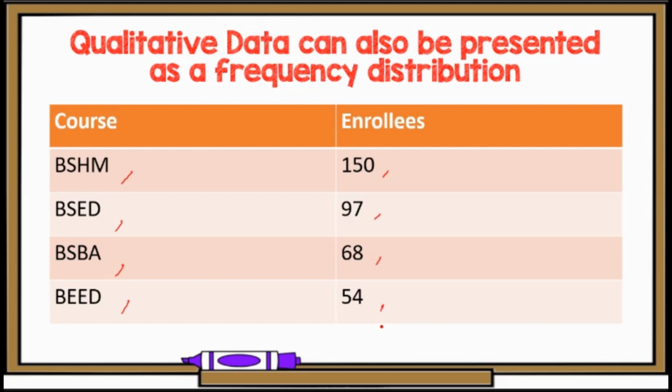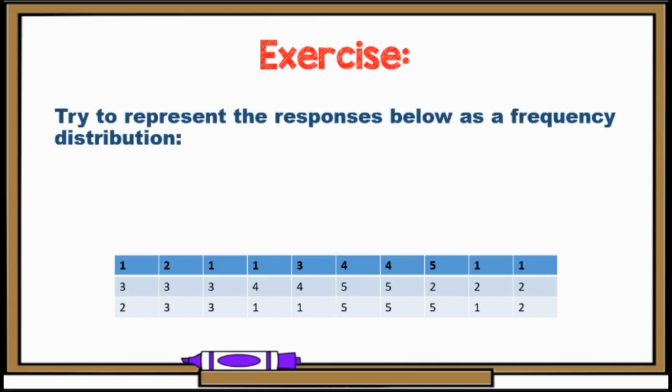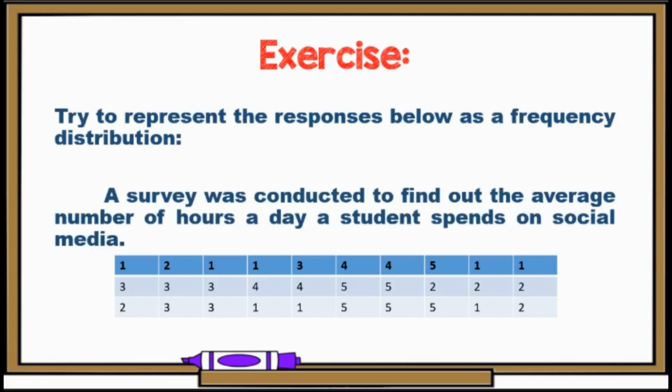Now, I will give you an exercise. Try to represent the responses below as a frequency distribution. So this is a survey that was conducted to find out the average number of hours a day a student spends on social media. So, meron tayong 1 hour, 2 hours, 1 hour, 1 hour, 3 hours, 4 hours, 4 hours, 5 hours, 1 hour, 1 hour, and so on.